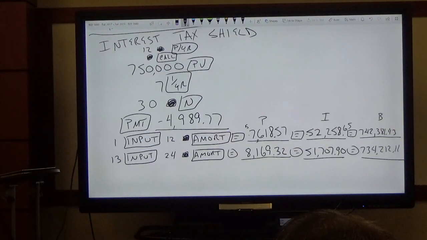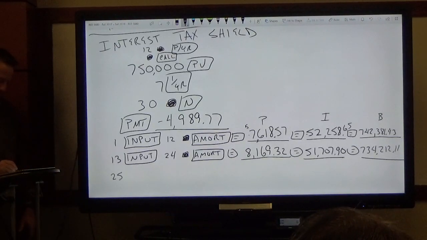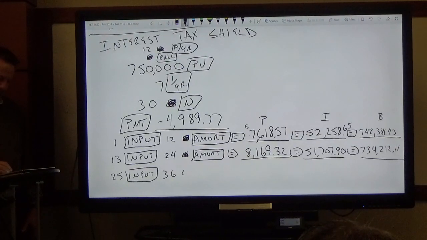What about for the third year? 25 and 36. Yep. Make sure you're getting the logic down on that. We've talked about it before, but sometimes you forget.